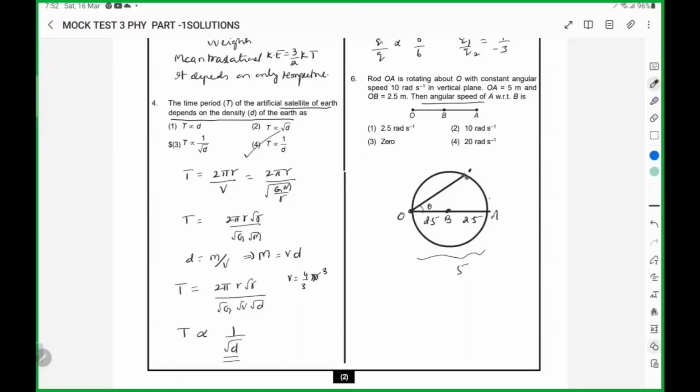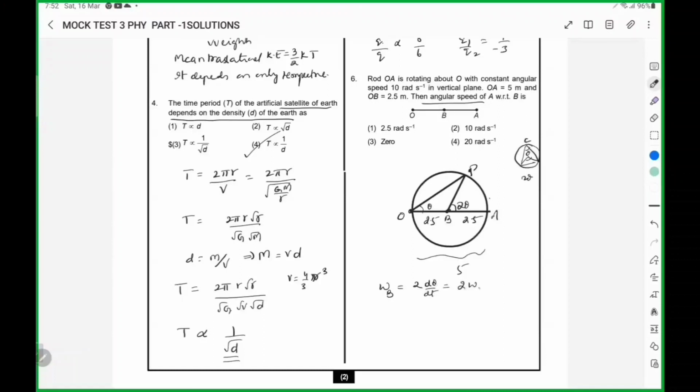Angular speed of A with respect to B means, here you have a property. This is the chord which subtends theta at the circumference and 2 theta at the center. So here, angular velocity at B is 2 d theta by dt.